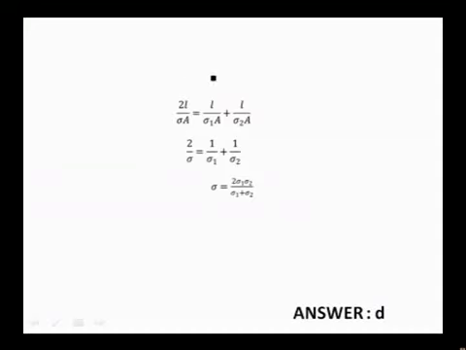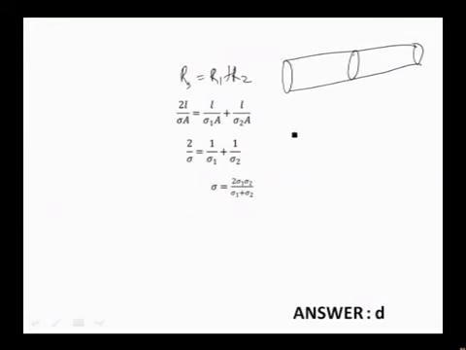We are going to connect the two identical metals. So R is equal to R1 plus R2, that is a series combination. For the series combination, you are going to have it like this. The area of these two is the same.